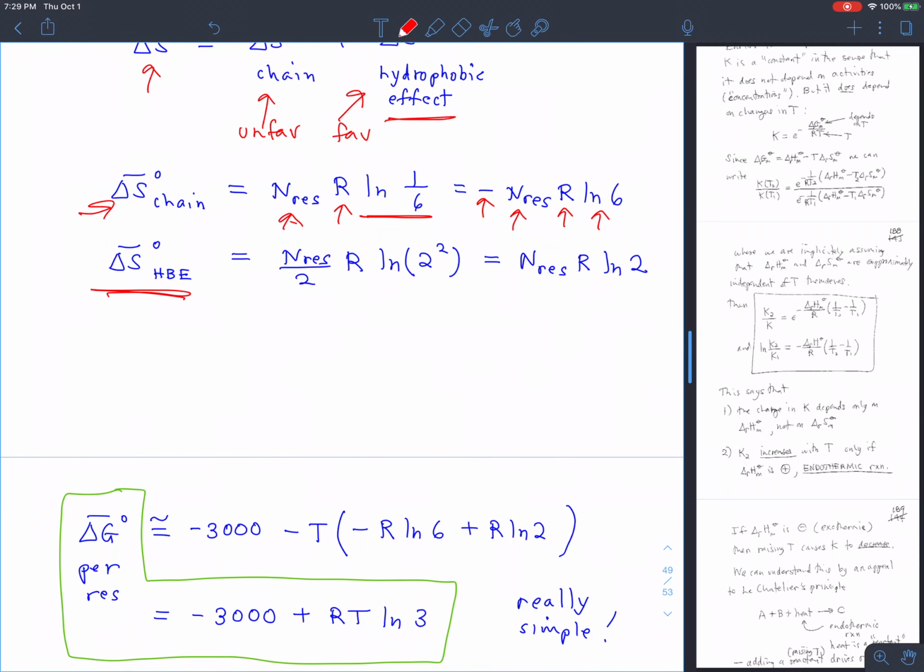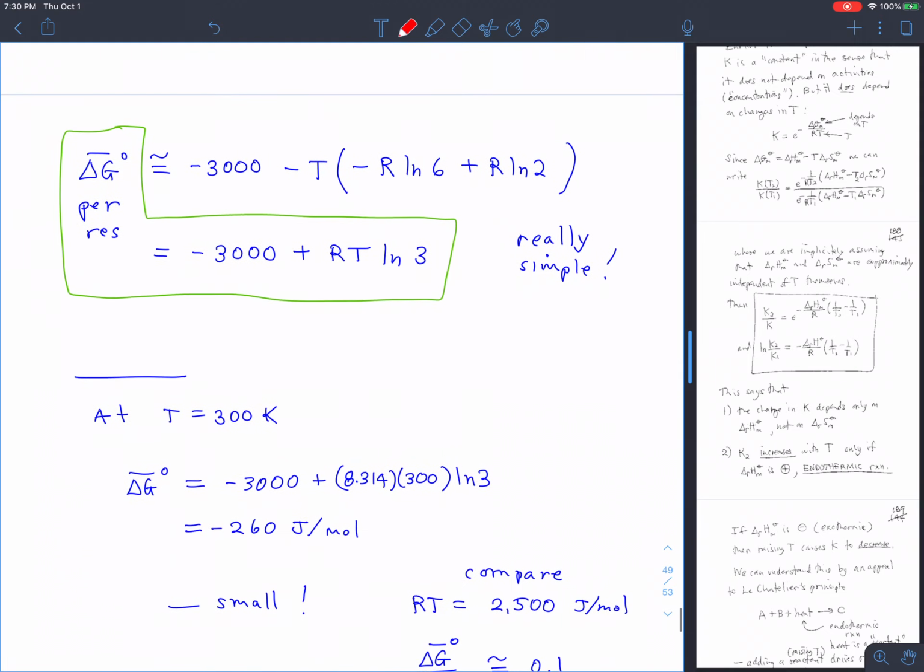For the hydrophobic effect, it's half the residues we're going to say. We're saying that half of the residues are hydrophobic or nonpolar. So there's a half in here, times R, times log of the ratio of the W's, and that becomes a plus n residues times R times log of 2.